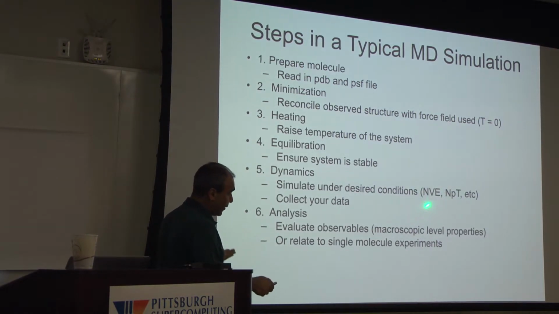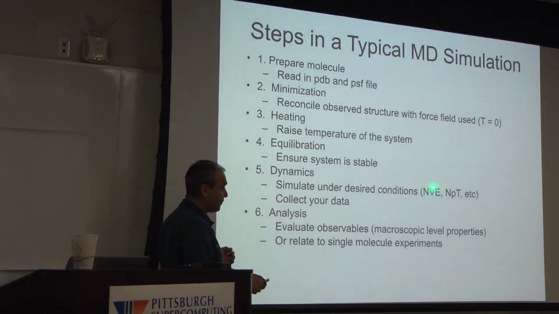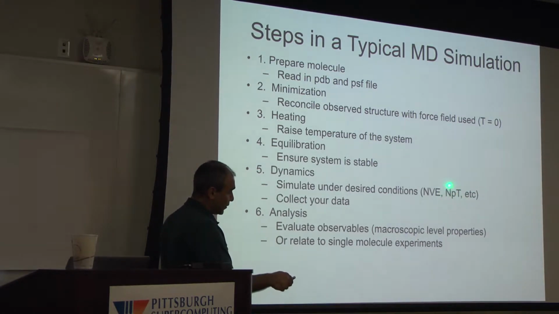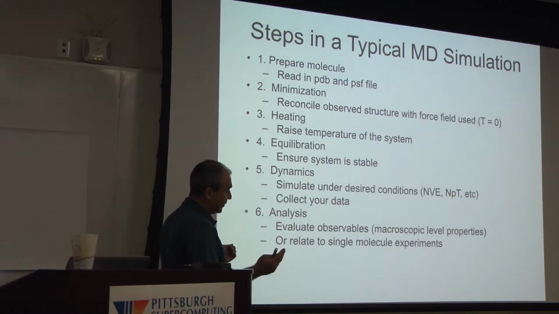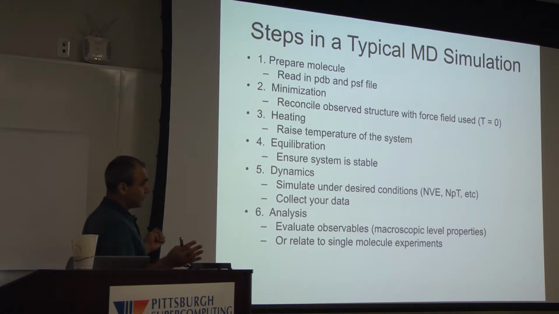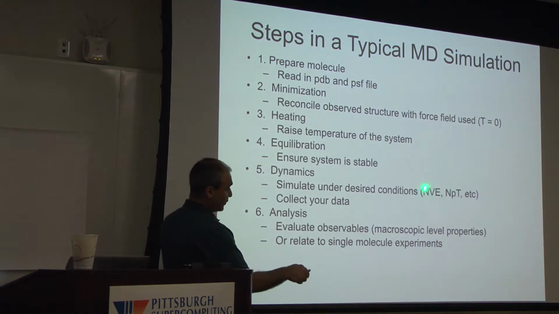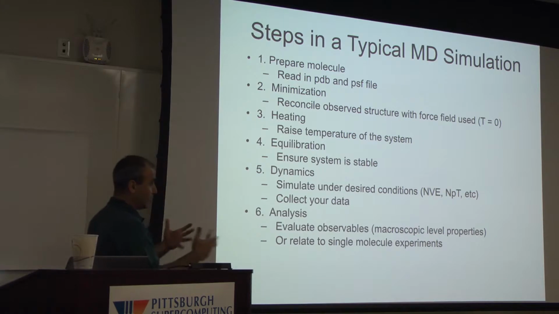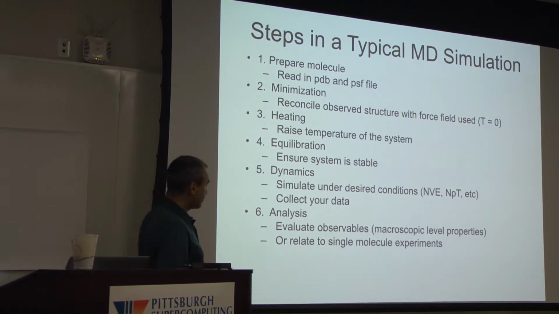We have different ensembles: constant number of particles, constant volume, energy; constant pressure, temperature. Most of the time we use constant pressure and constant temperature, NPT, because that is what we have, the ambient conditions. But you can also use other ensembles depending on what you want to do.